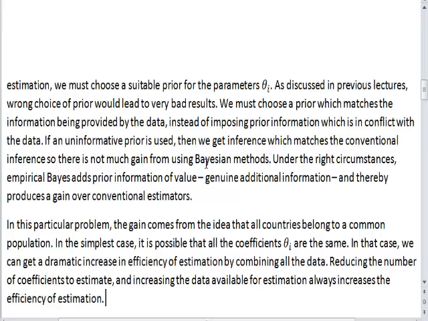So if the prior is correct, then you can make gains. If it is not correct, then the Stein technique protects you from making losses. But it's kind of like an insurance.